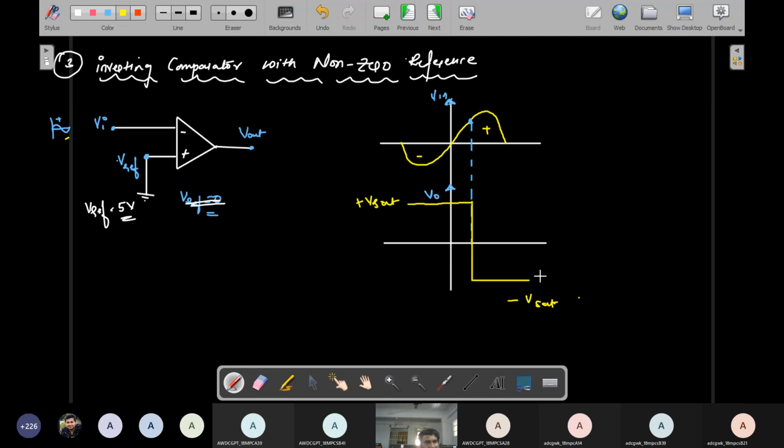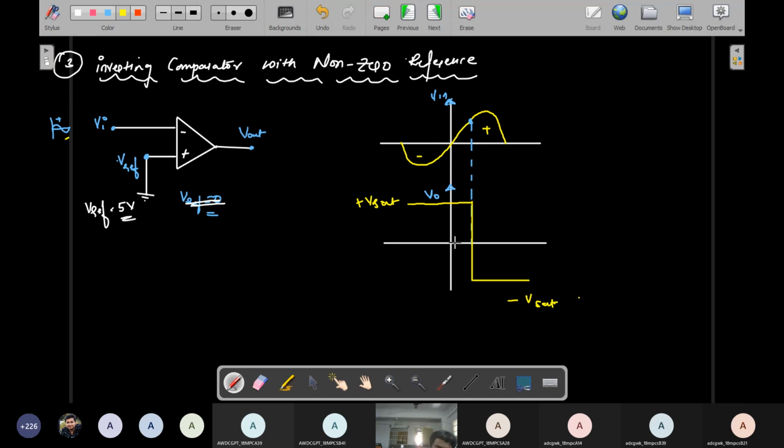So this is the comparison of the inverting comparator with non-zero reference. Please note everybody, the same phenomenon is applicable for the non-inverting comparator also. In the non-inverting comparator case, positive saturation and negative saturation follow the input signal.